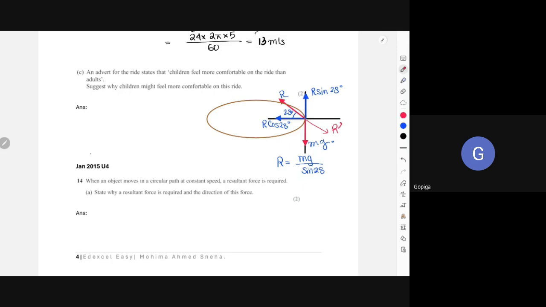Okay, as I was saying, I can just write this that children have a smaller mass, smaller force will act onto the rider, so they will be pushed less hardly onto the seat.